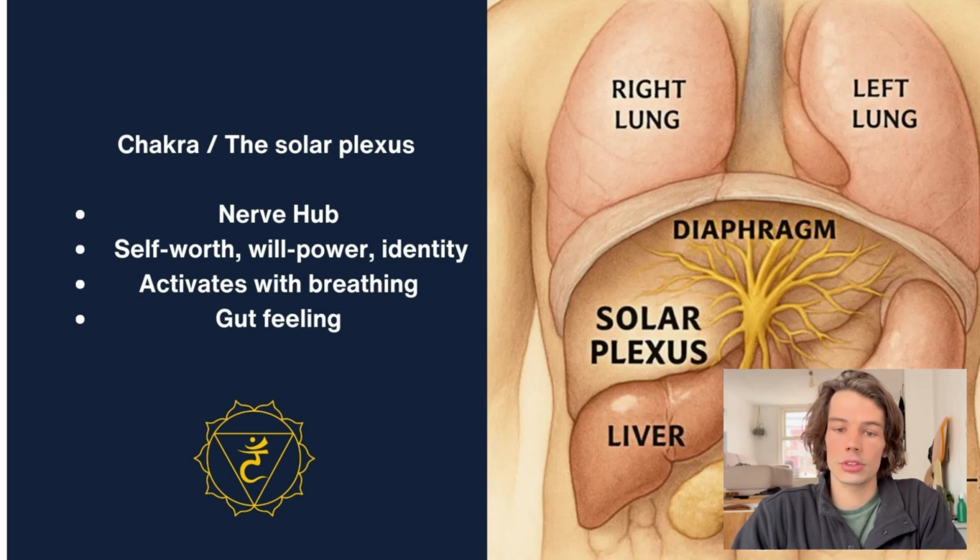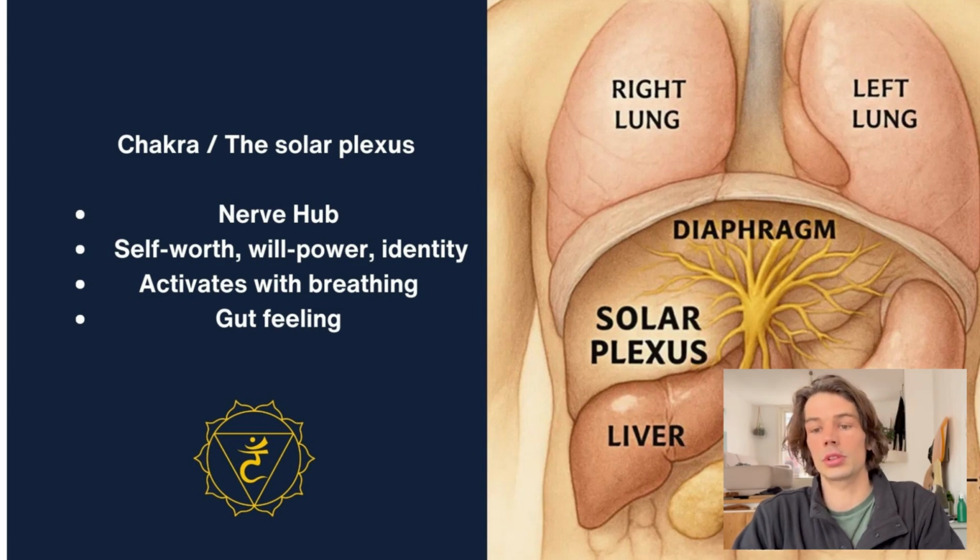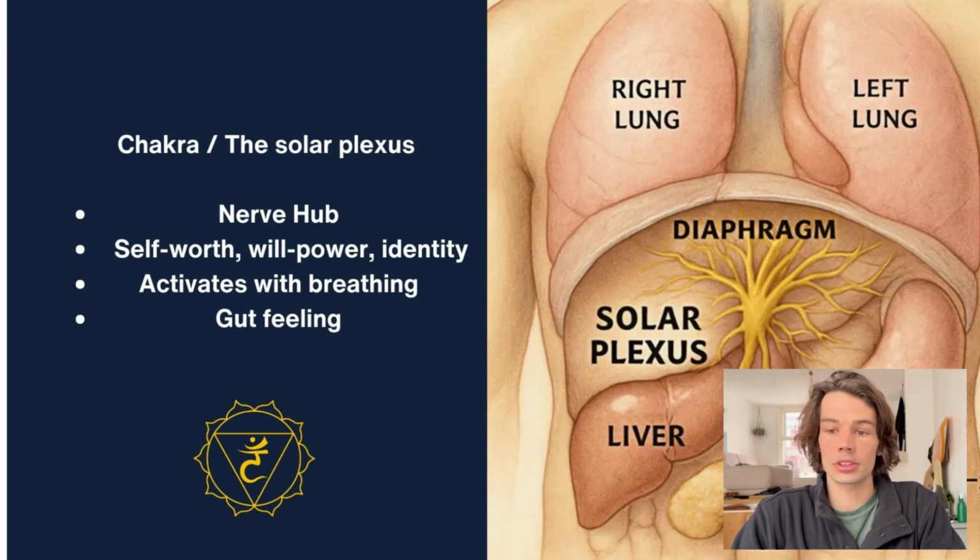Your stomach and your gut are also there. So your gut feeling is connected through the nerve hub and the vagus nerve and sends signals to your mind. So when we use our diaphragm, we're going to stimulate this area, and also we're going to connect to our bodies more. So we're going to feel our sensations more, because by using the diaphragm, we're stimulating the nerves that are underneath.